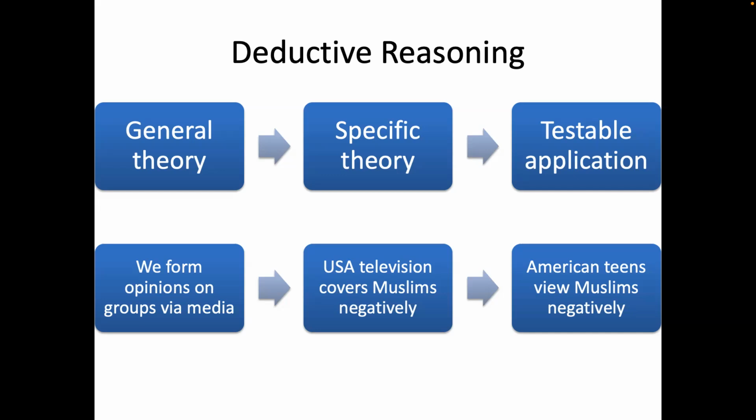And then the testable application might be American teens at a particular high school that we have research access to in an ethical way. They view Muslims negatively based on the opinions provided to them through mass media and these days social media.